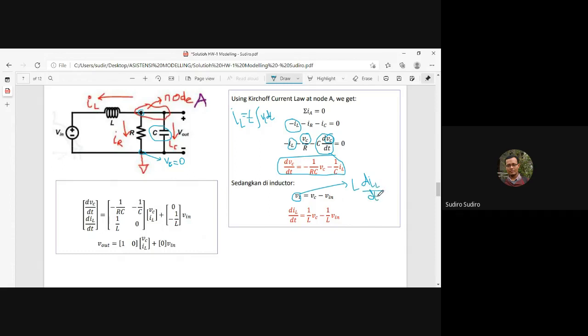Then we get the second equation, dIL over dt is equal to 1 over L multiplied by Vc minus 1 over L multiplied by the input voltage.